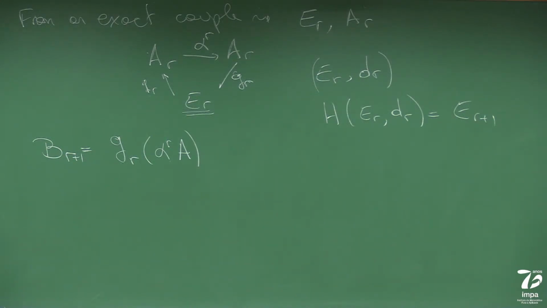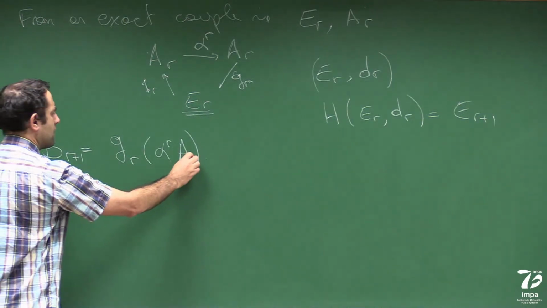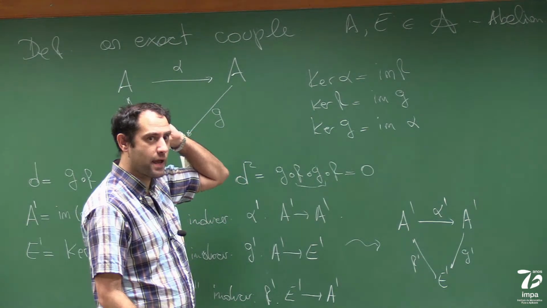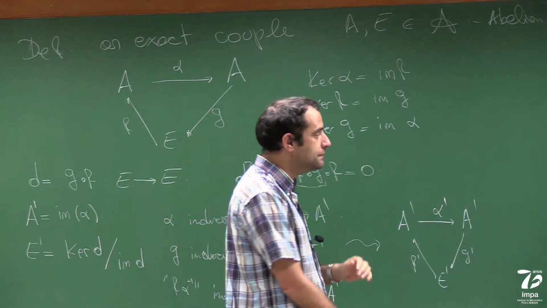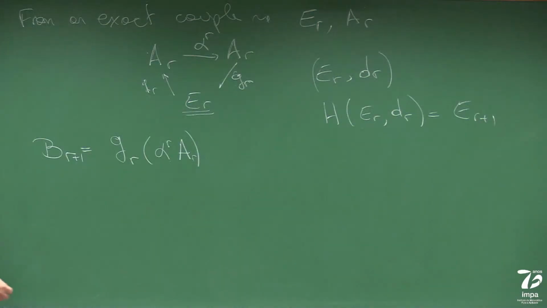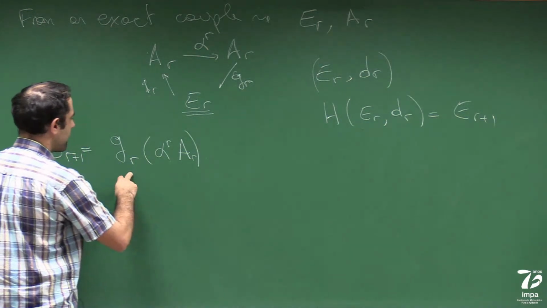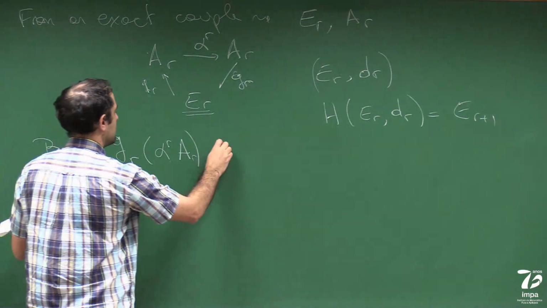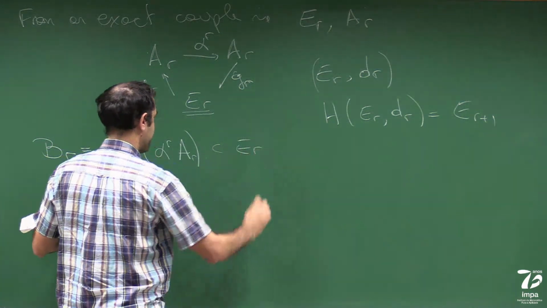I should have written there A sub r, but it's the same because all of those are induced from the original A that I started with. So I guess A is going to be A_1. So this is inside of E_r.